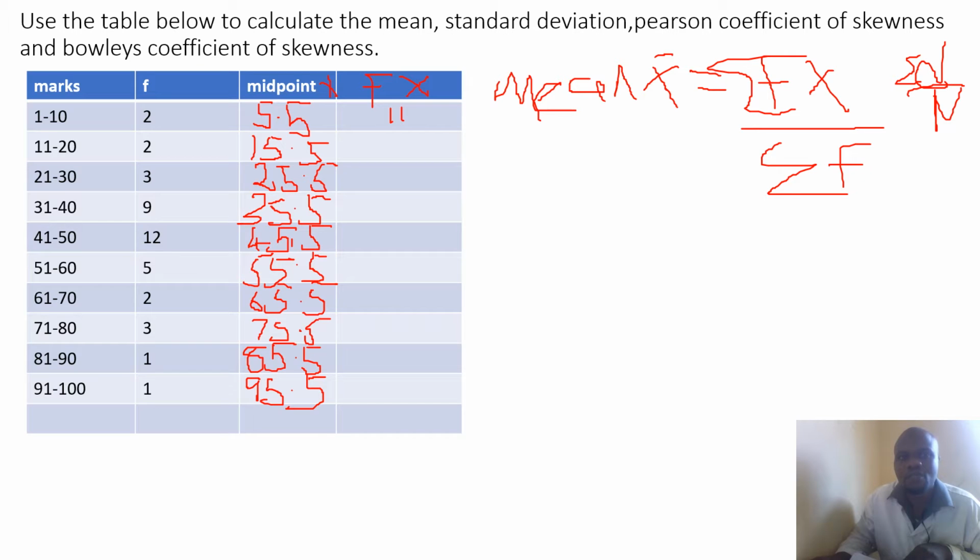Then 2 multiplied by 15.5, you get 31. And then 3 multiplied by 25.5, you get 76.5. And then 9 multiplied by 35.5, you get 319.5.